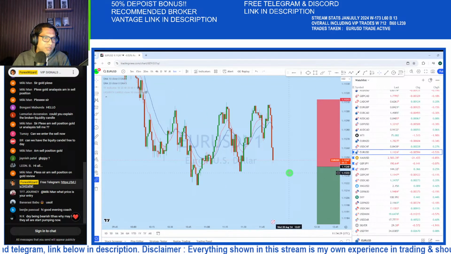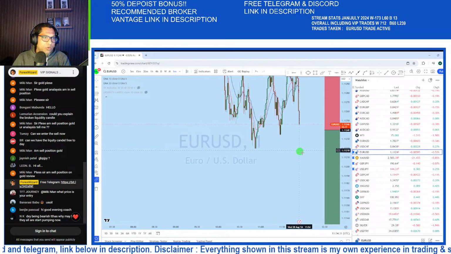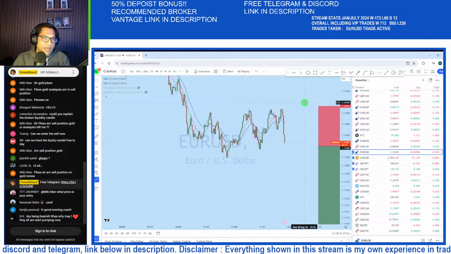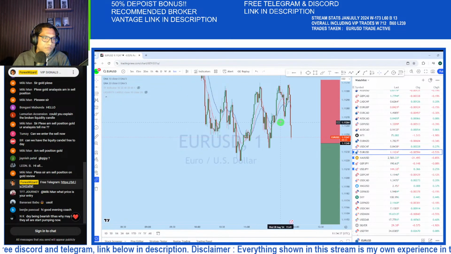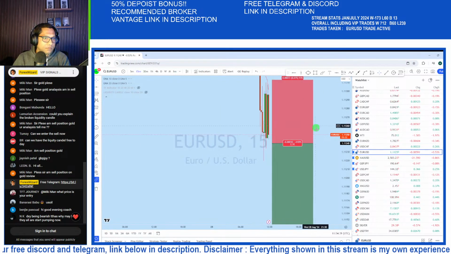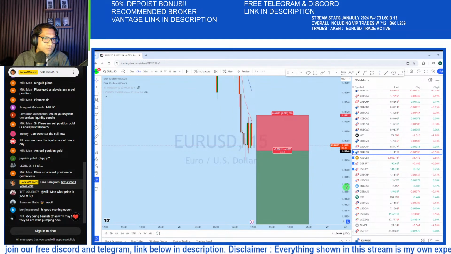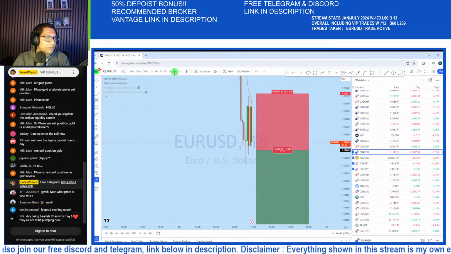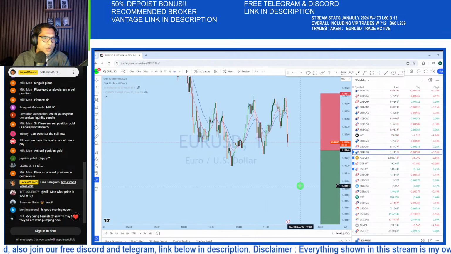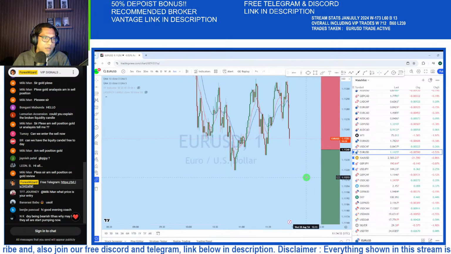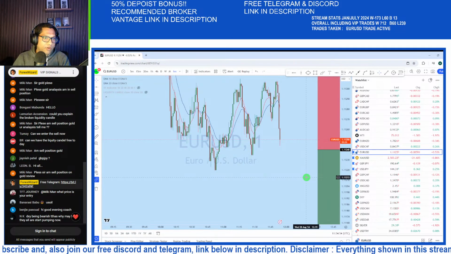Okay, now here is almost to the support. We want to catch some pips, even if it almost reached that edge. You have to decide either we will keep running, or we will be closing at entry.